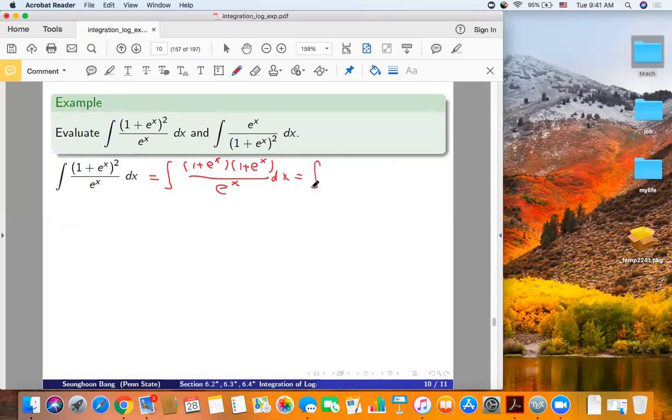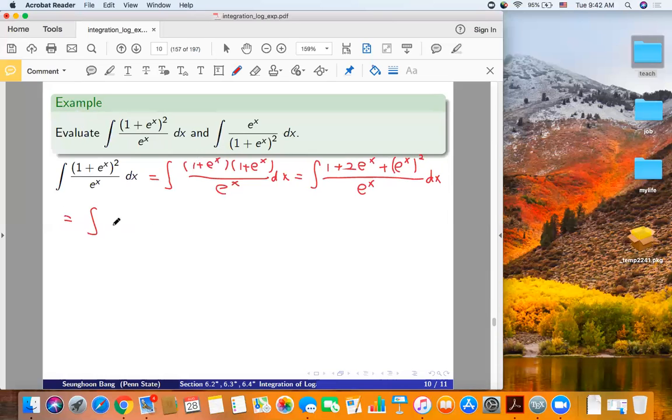You have to expand here. Use the FOIL rule. 1 times 1 is 1. The outer: 1 times e to the x, plus the inner: e to the x times 1, is 2 times e to the x. The last one, e to the x times e to the x, is e to the x squared, over e to the x dx, right?